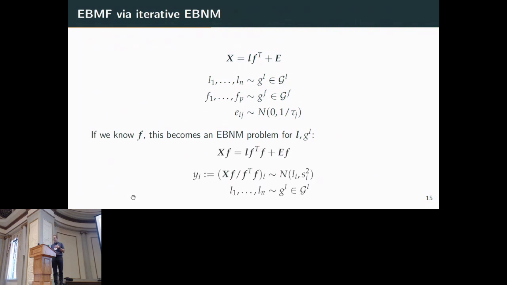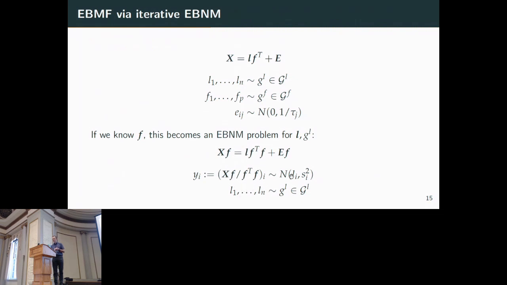One way of seeing that is to post multiply by F, so you get XF equals L, F transpose F plus EF, and F transpose F is just a number, right? So it's a scalar.